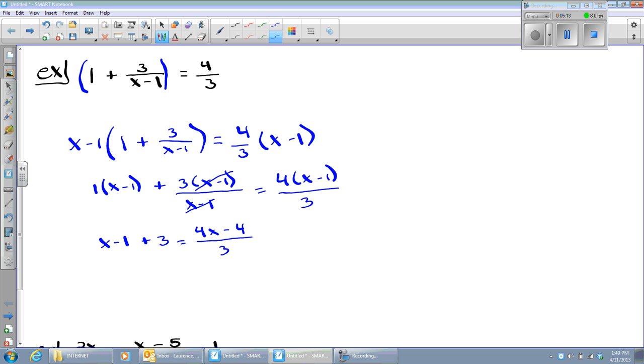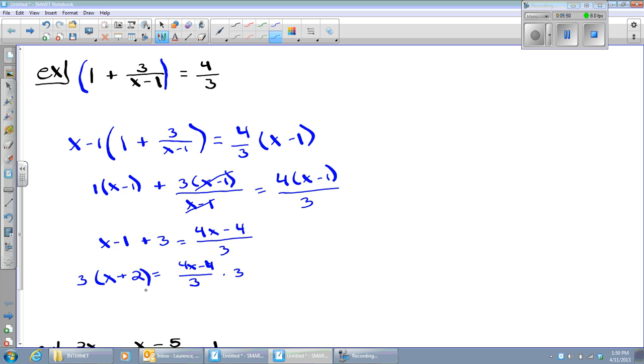Simplify this a little bit so we have x, sorry, I thought I made a mistake, but I didn't. So we have x plus 2 is equal to 4x minus 4 over 3. We're going to multiply by 3, both sides.